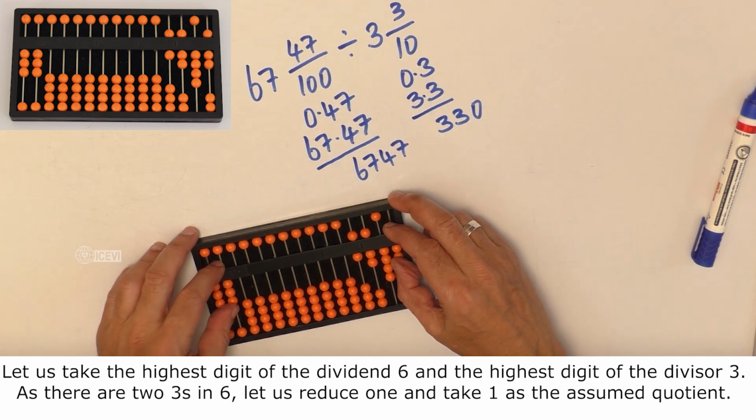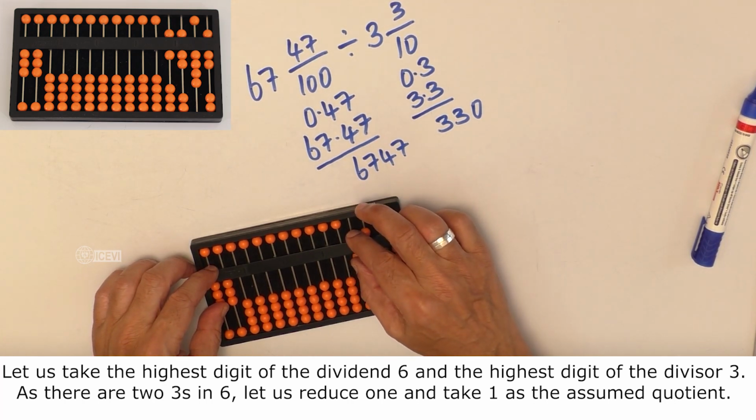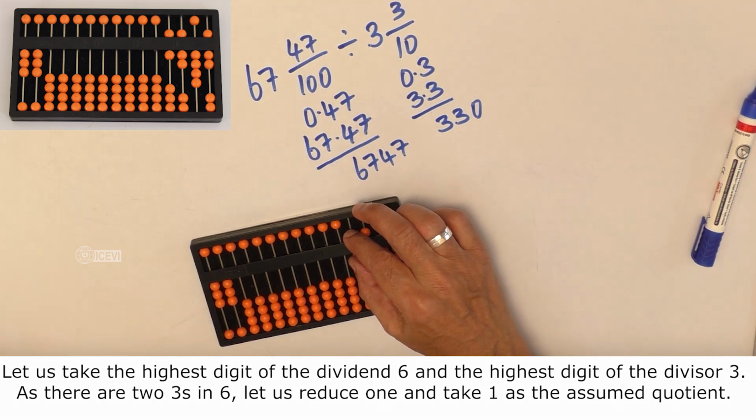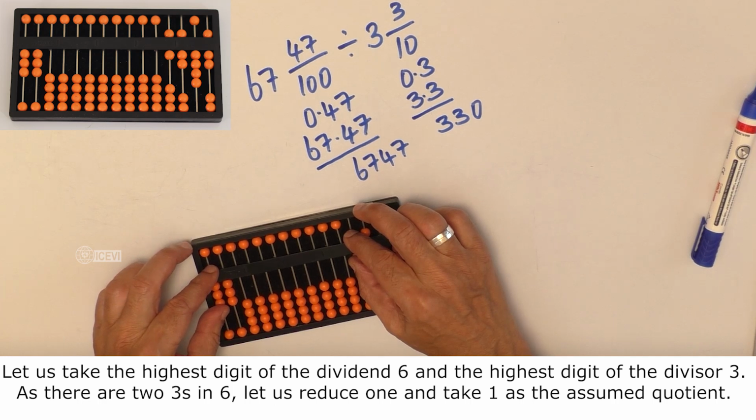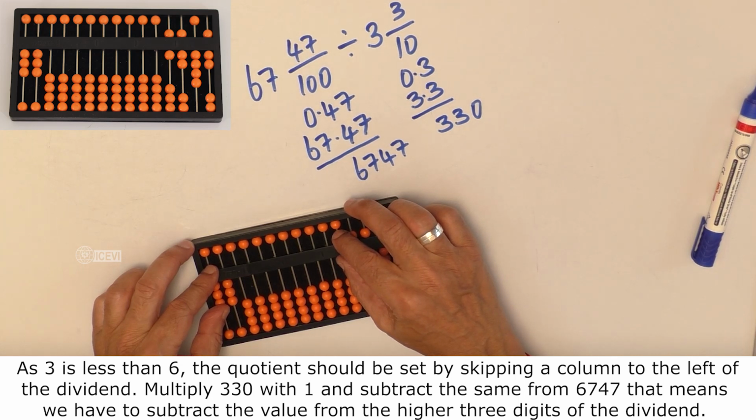Let us take the highest digit of the dividend, 6, and the highest digit of the divisor, 3. As there are two 3's in 6, let us reduce 1 and take 1 as the assumed quotient. As 3 is less than 6, the quotient should be set by skipping a column to the left of the dividend.